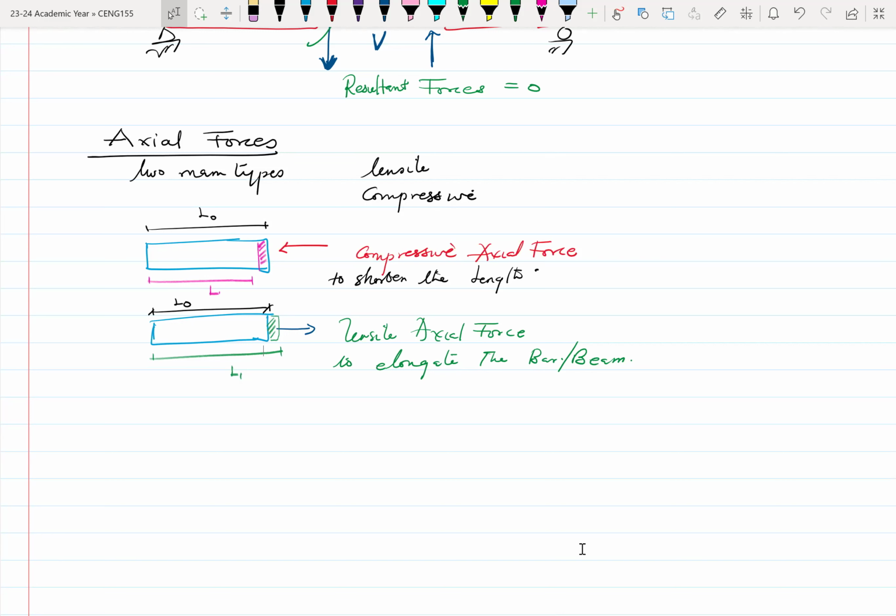Again, the definition for axial forces is in the lecture notes anyways.